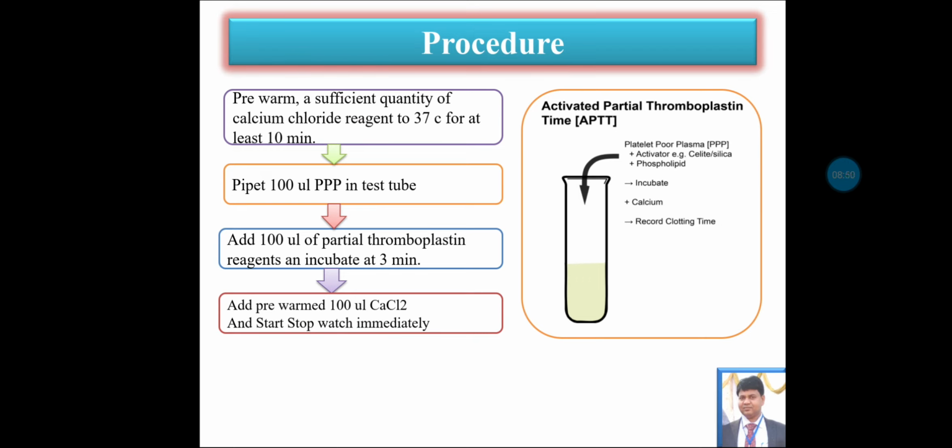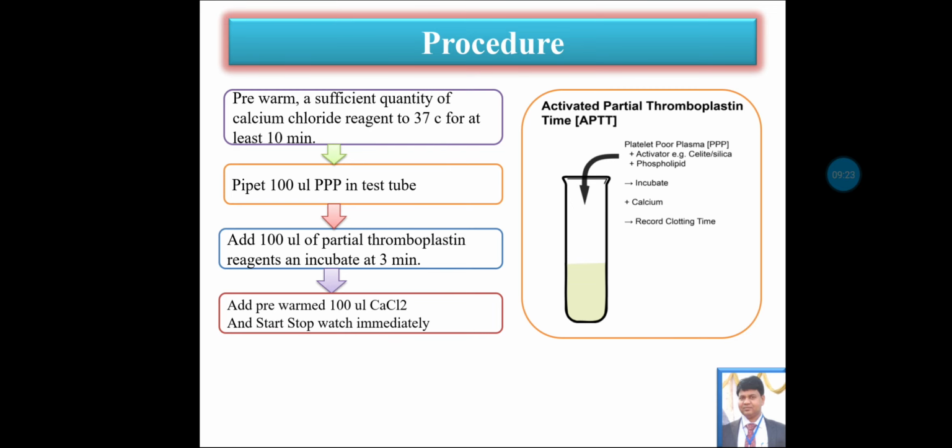If we go through the procedure, initially the first step is to pre-warm the calcium chloride reagent at 37 degrees centigrade for 10 minutes in an incubator. After that we pipette 100 microliter of platelet poor plasma in a test tube. This platelet poor plasma is prepared by taking 1.8 ml of blood in 200 microliter of sodium citrate, and this ratio is around 9:1.